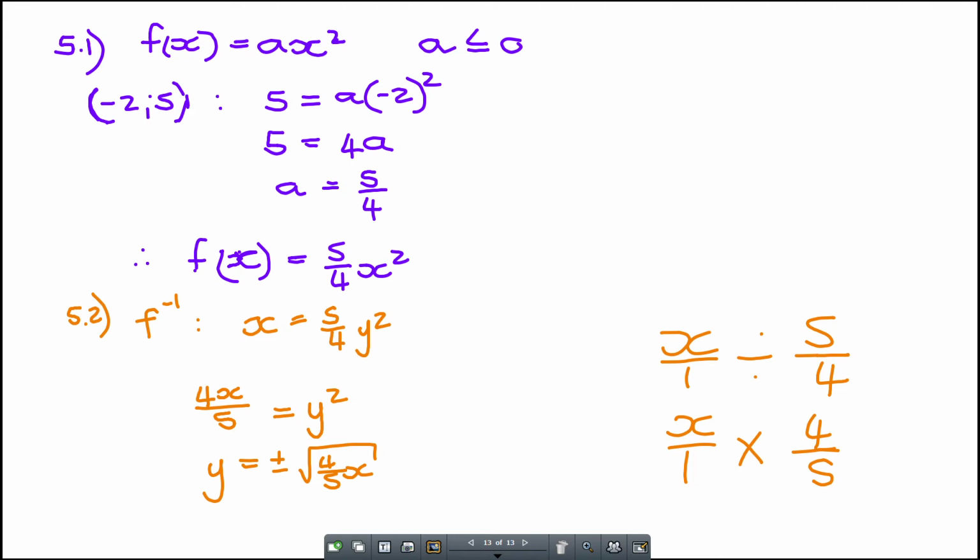Hulle sê by gee die definisieversameling van f en die waardeversameling van die inverse. Now remember the domain of f and the range of the inverse will be the same thing. Nee? Okay. So by 5.3 the domain of that was x is less than 0, right?